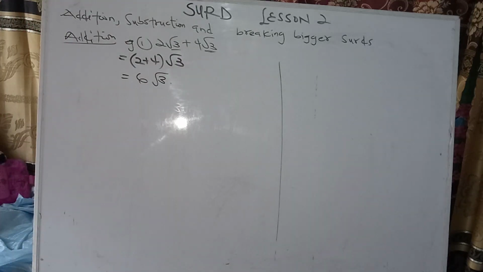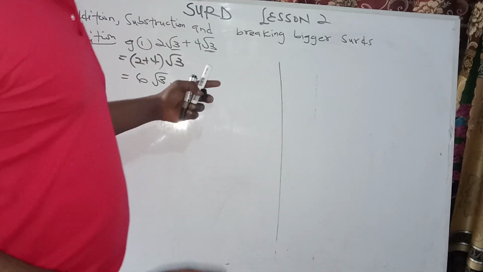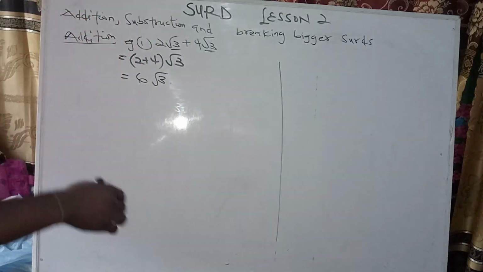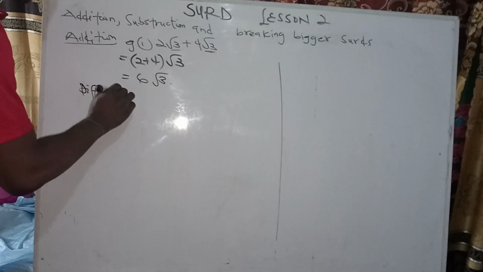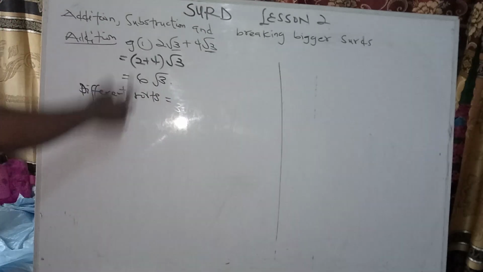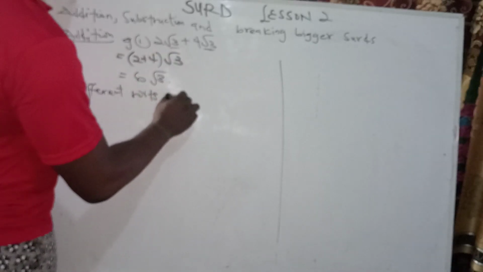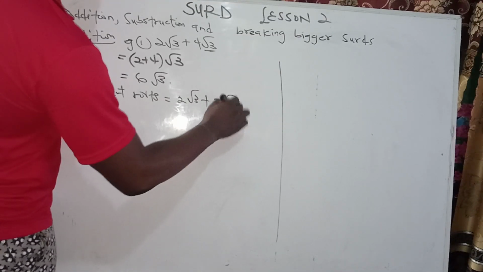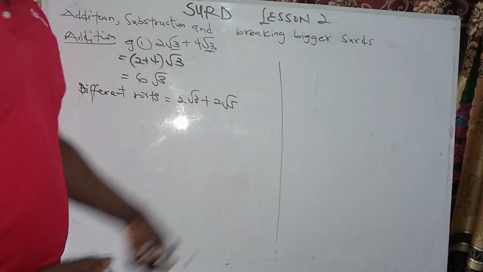Some also asked me what if they are of different roots? Look at what happens if they are of different roots. We have 2 root 3 plus 2 root 5. This type of question, you can't do anything about it.